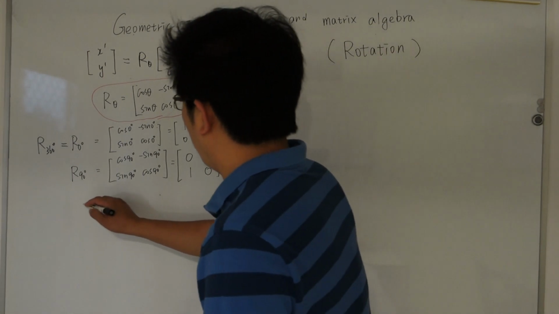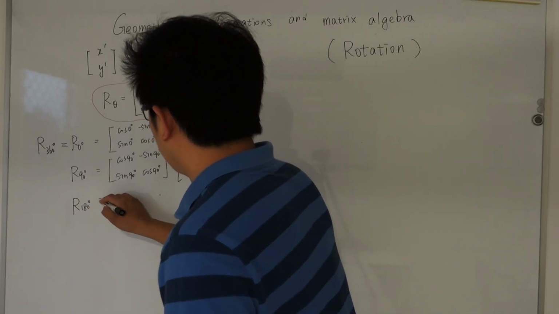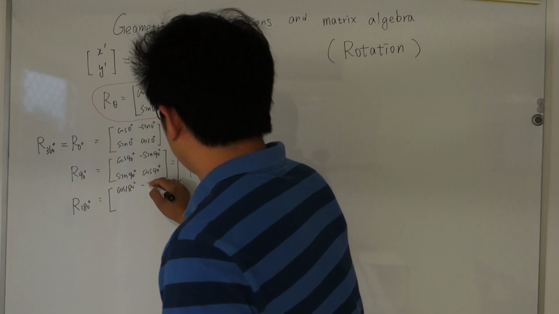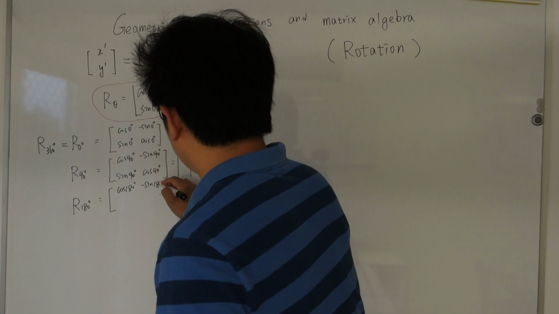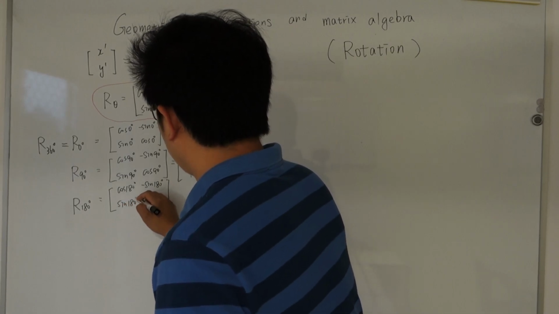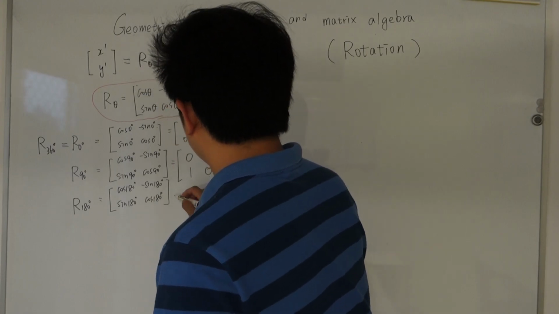Okay. How about rotate 180 degree? So equal to cosine 180 degree, negative sine 180 degree, sine 180 degree, cosine 180 degree, right?